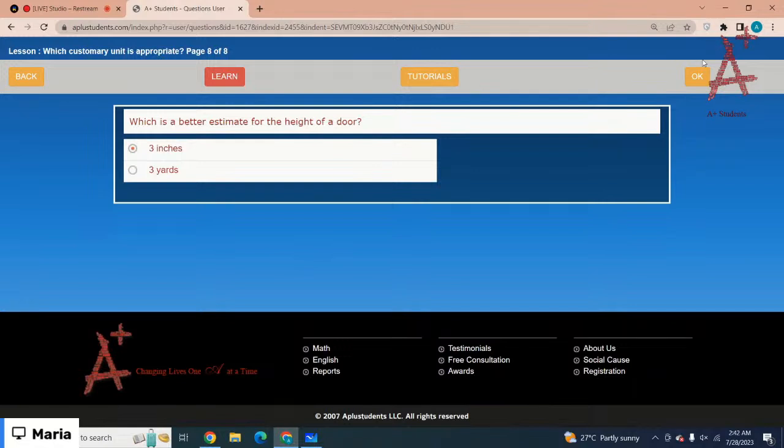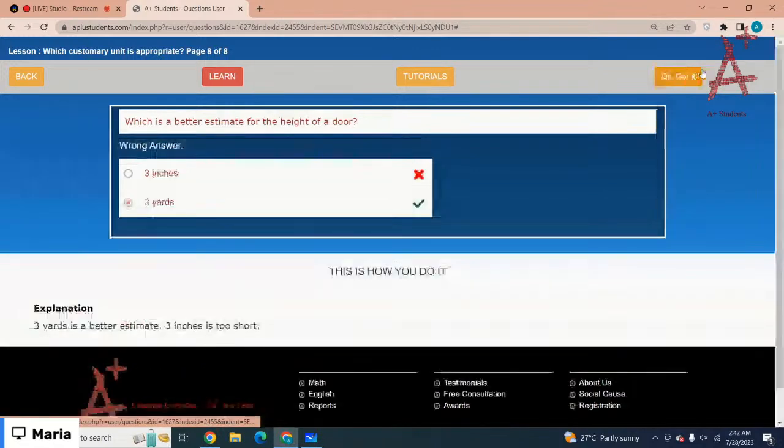Maybe it is 3 inches, it depends on what type of door it is. Yes, let's see. It is 3 yards because 3 inches is too short, right? So the correct option is 3 yards. Okay, got it.